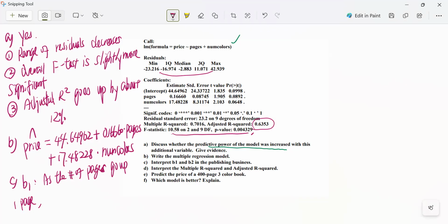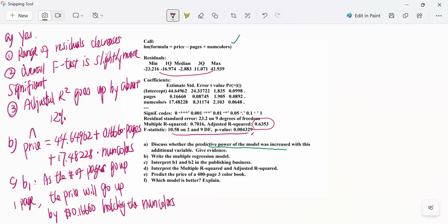The price of the book will go up by 16.66 cents, holding the number of colors used constant.